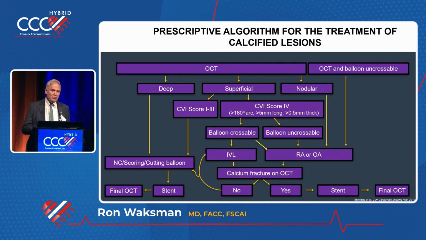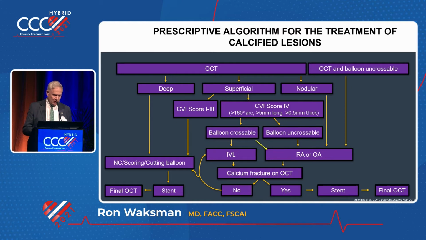Now, this is a much more complex algorithm. This was proposed by Dr. Schlomfitz from St. Just across the island here. But again, he does everything by OCT, which is also very important, to understand what the imaging tells you and whether the imaging can guide you on which device to use.